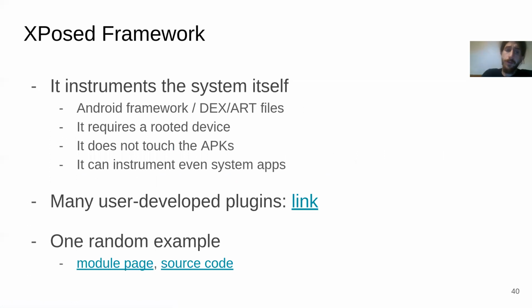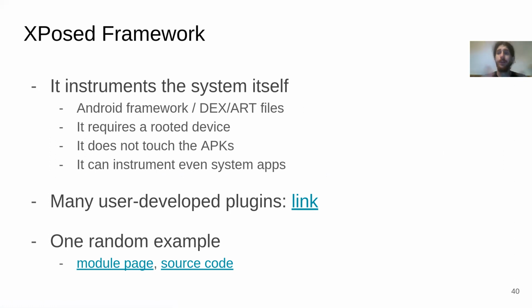Another famous framework is Xposed. Now I feel it's actually less used. It's a bit more complicated to use. I used it in the past, but again, I think Frida is now the winner. It instruments the system itself, and again, it requires a rooted device. It does not touch the APKs.